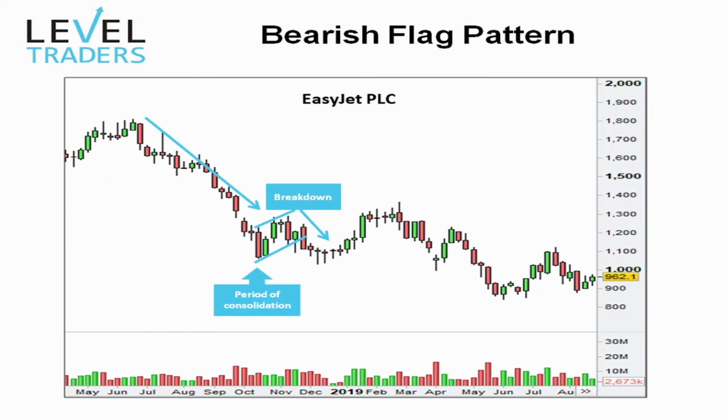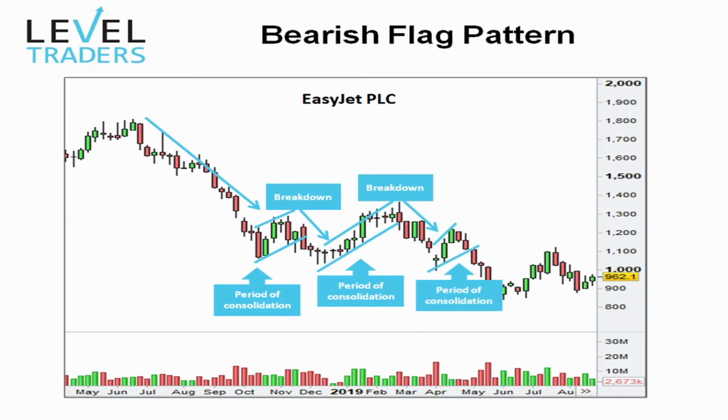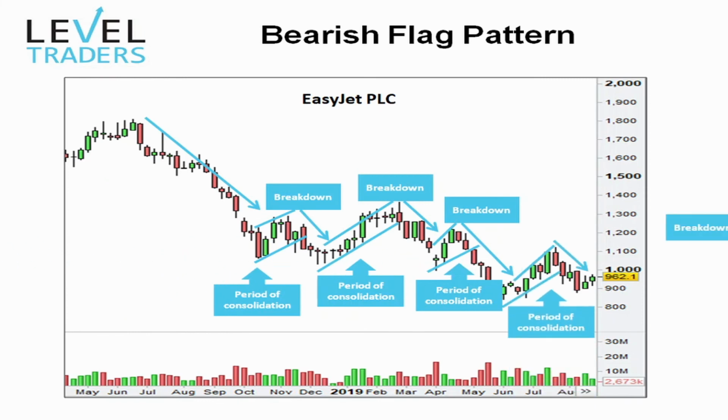So if we finish this example off, we've got the period of consolidation followed by a breakdown in price, followed by a period of consolidation, breakdown in price, consolidation, and a final breakdown in price. Now what this chart shows is EasyJet was in a downtrend for over a year. This is pre-pandemic, by the way.